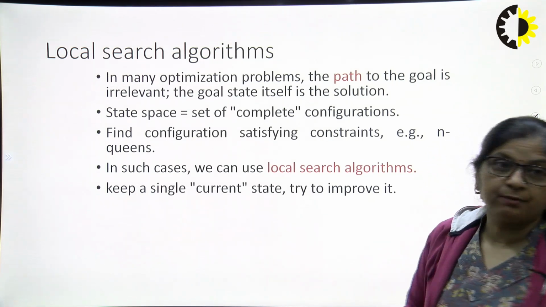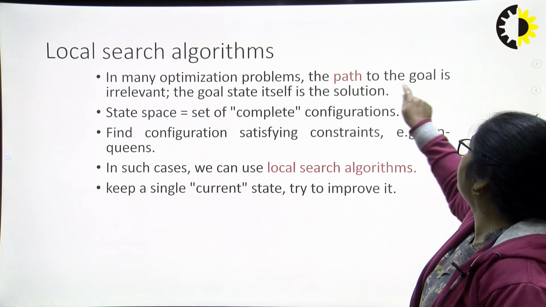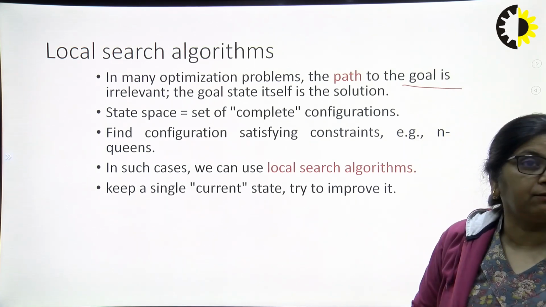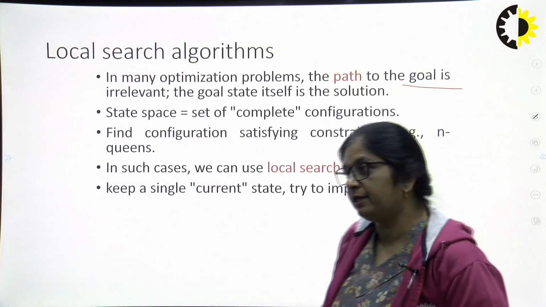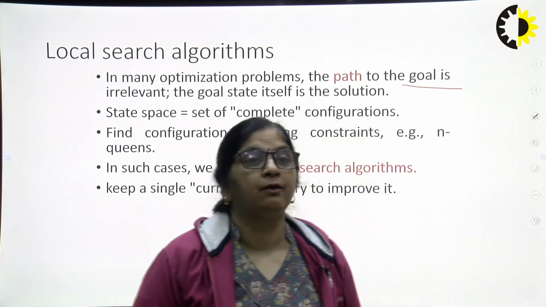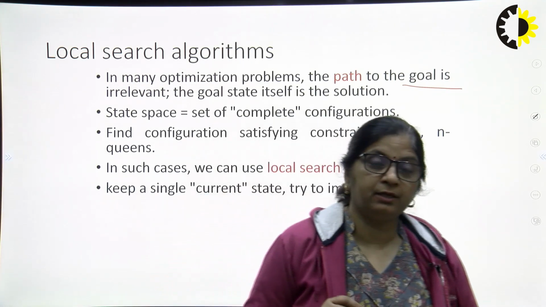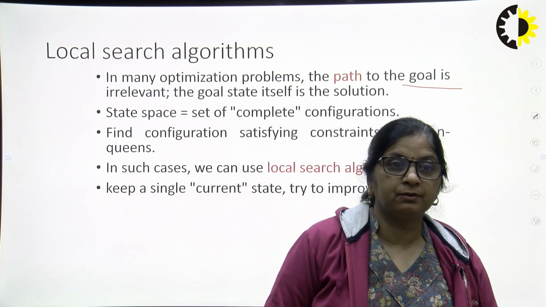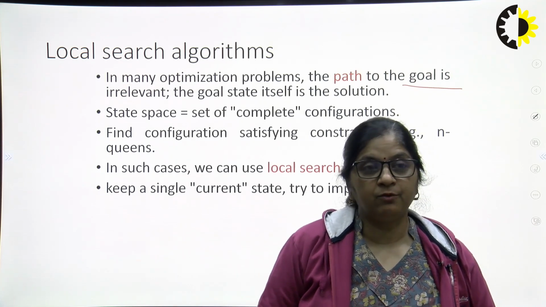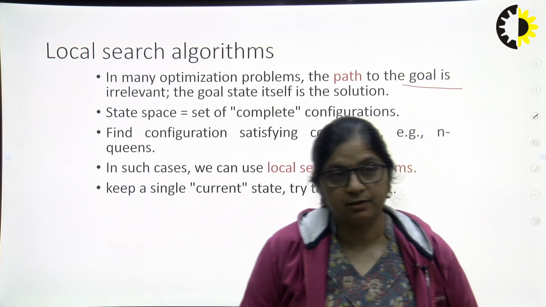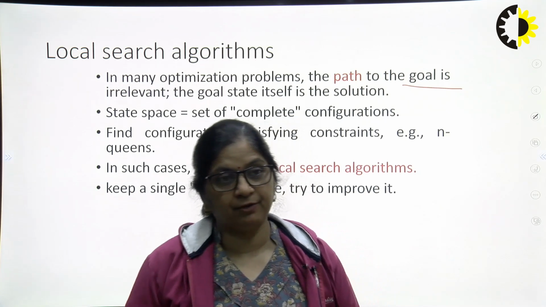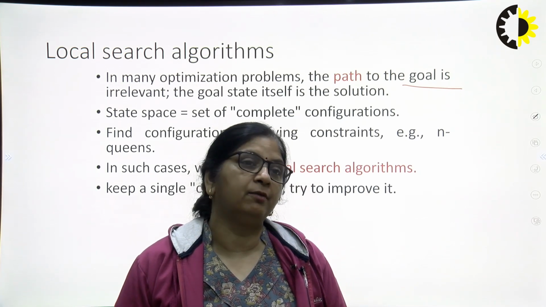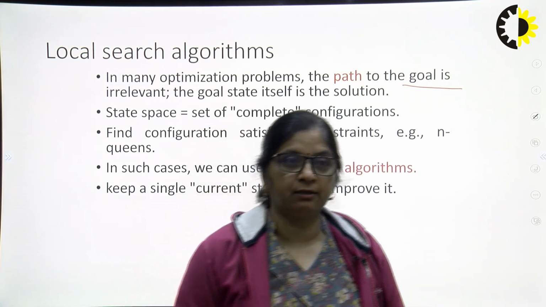In many optimization problems, the path to the goal is irrelevant. For example, if I am playing chess, I'll take a few moves, then my opponent will also take some move, one move after the other. Both players go on taking moves.